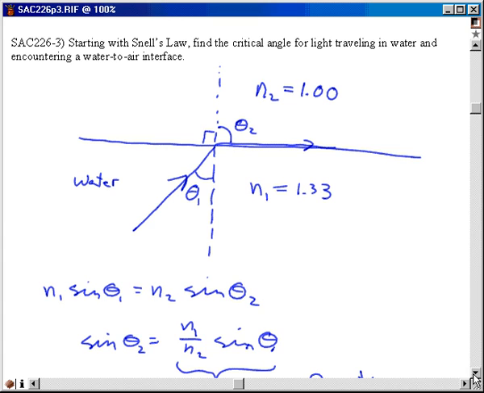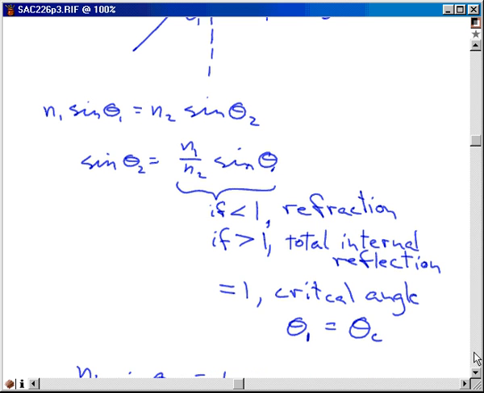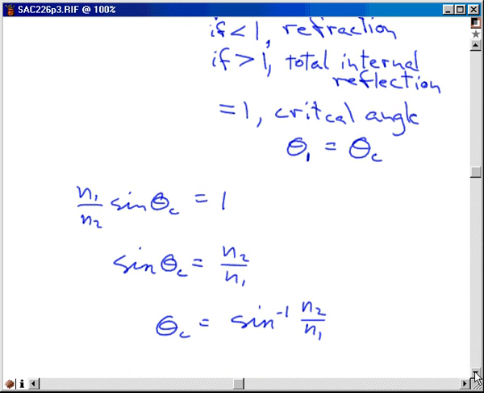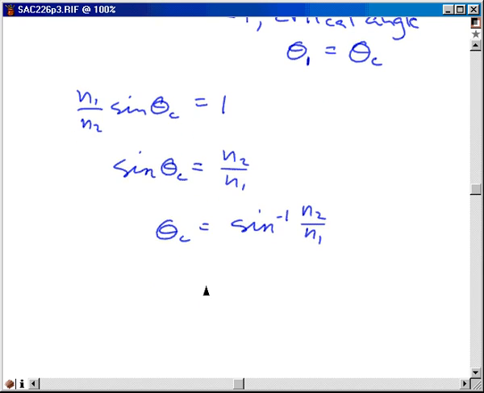So in our case, the second medium is the air, as I have indicated up there, and it's got an index of refraction of 1.0. So we're taking the arc sine of N2, 1.0, divided by N1.